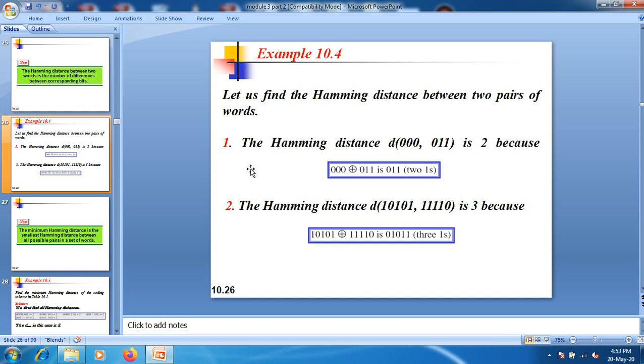If the bits are not the same, the result becomes 1 here. That is the XOR operation. We perform the XOR operation between these two words, bit by bit, and at the end we count the number of ones present in the result. That simply gives us the Hamming distance.